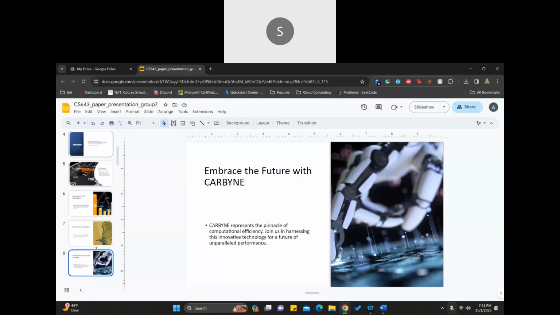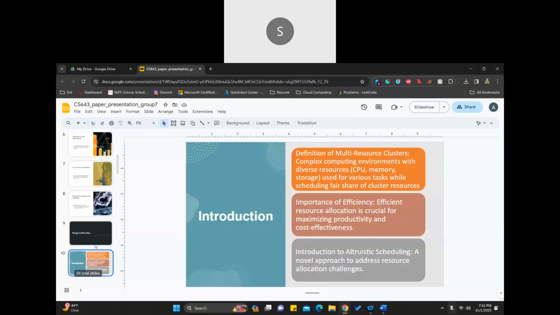And we go to the next slide, the design and main idea. Right here, we have the introduction and some of the key points. The definition of a multi-resource cluster: a complex computing environment with diverse resources like CPU, memory and storage, used for various tasks while scheduling a fair share of cluster resources.